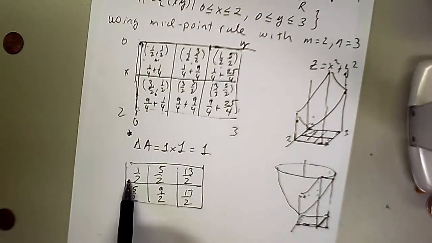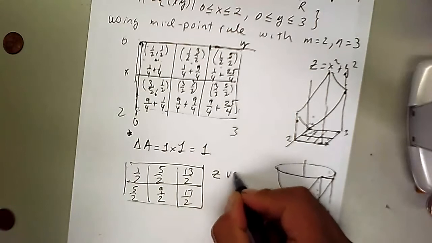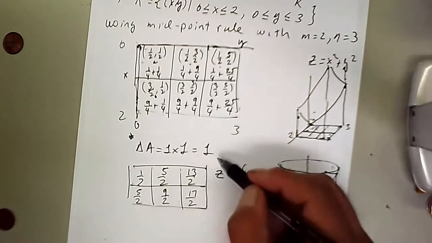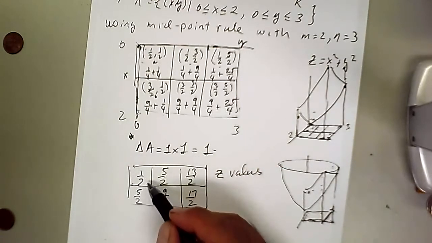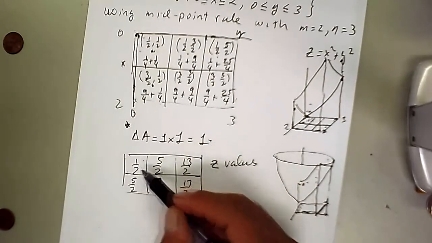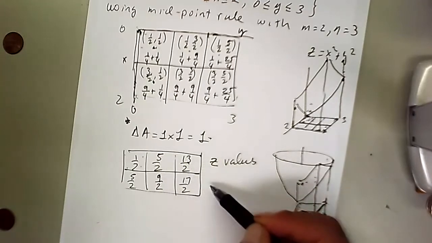So the volume of this: these are the z values, the ones I'm showing you for each one of those rectangles. Each one of those is going to be multiplied by 1, so that makes things really easy. Multiply 1/2 times 1, that still gives you 1/2. 5 halves times 1 still gives you 5 halves, and so forth.